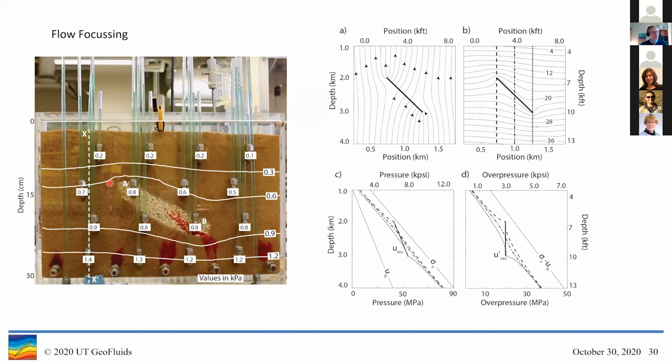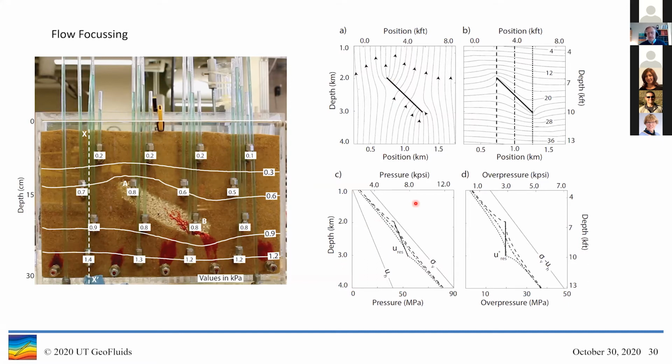And I want to draw your attention to pressure highs on the top of this, pressure lows on the bottom of this. There's a lot of historical work doing mathematical solutions to this problem. And here's an example where a permeable layer sucks in fluid at the base, transfers that fluid vertically, and then expels that at the top.